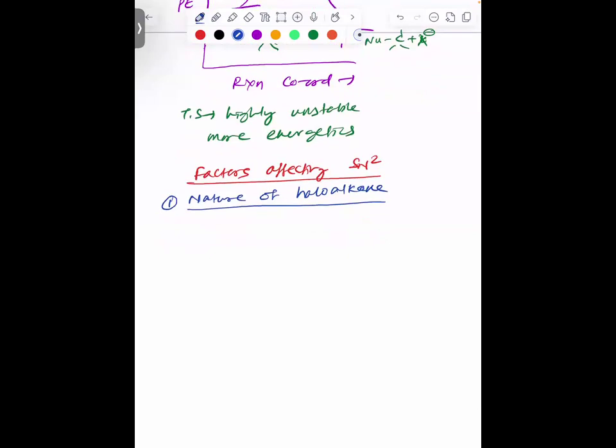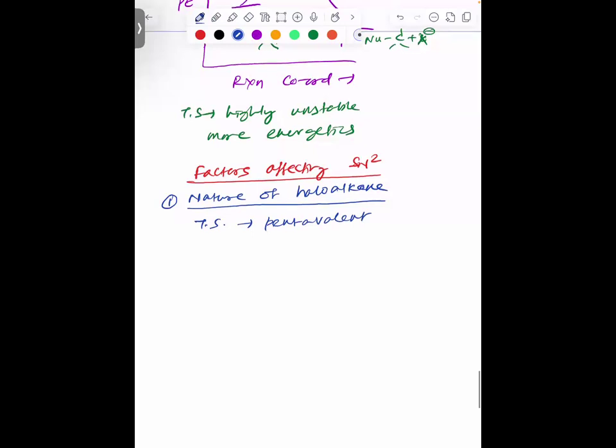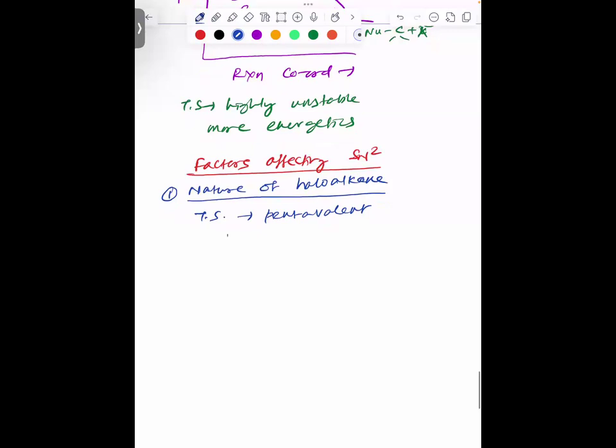In haloalkane, the reaction goes through the formation of a transition state intermediate. So in the transition state the carbon seems to be pentavalent. It is highly crowded. Right? The transition state is highly crowded.